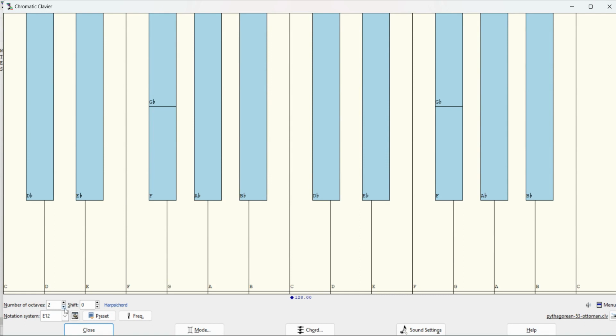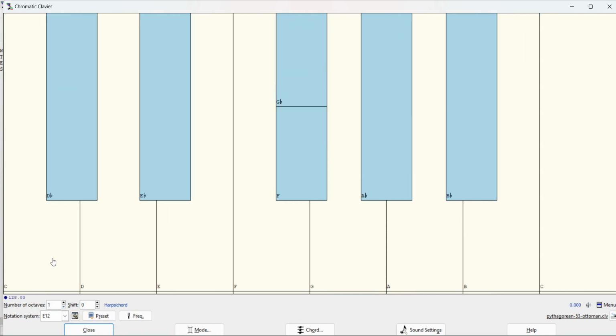Let's put only one octave now. For now, we have C, F, C, but we have the Pythagorean comma here.